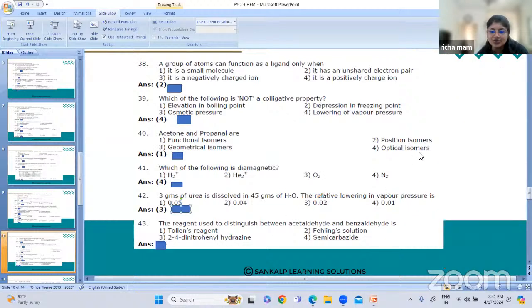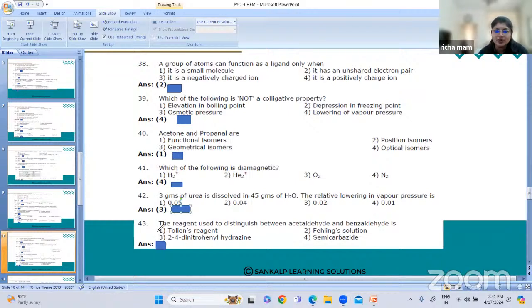The reagent used to distinguish between acetaldehyde and benzaldehyde is. Navishri has answered it as 3. Yes, so it is Tollens reagent.